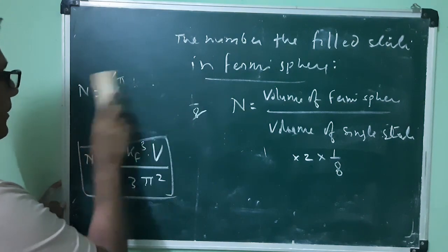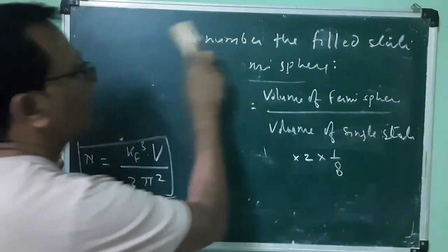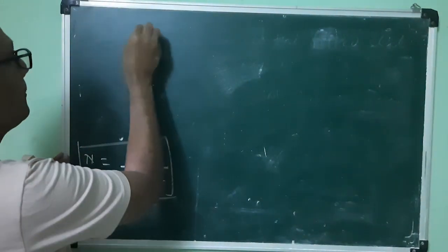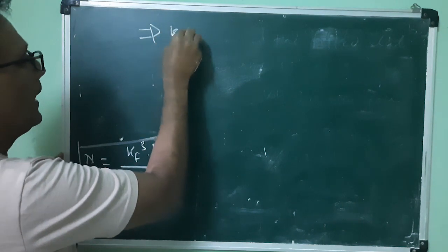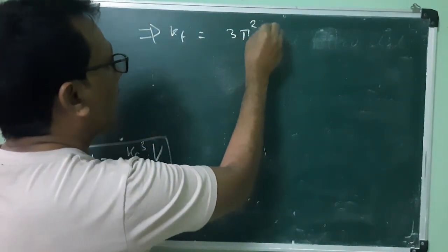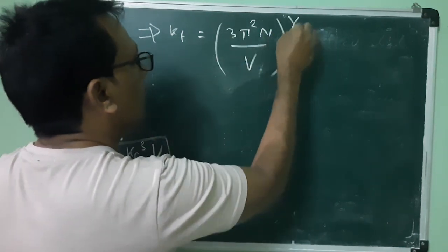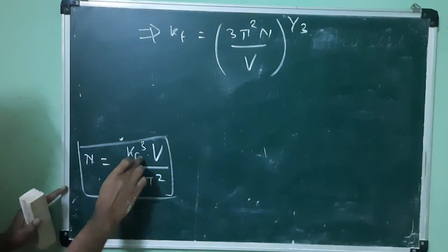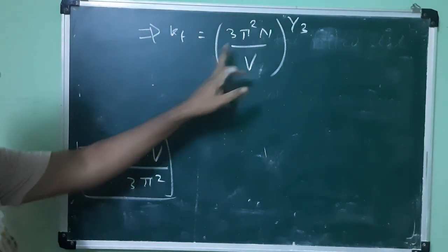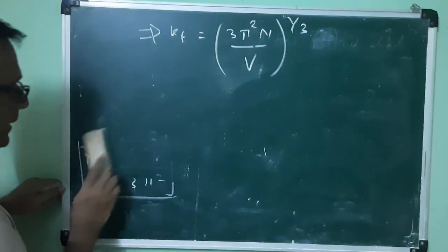And now we can further calculate kF. So this implies kF is equal to (3π square n by V) to the power 1/3. This is in cubic form, so we just take 3π square multiplied by n upon V, to the power 1/3.